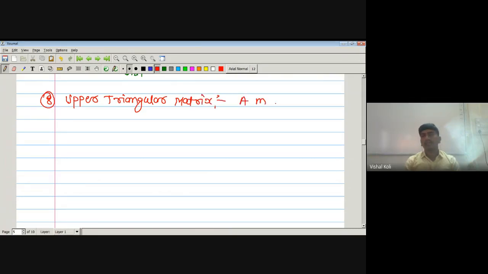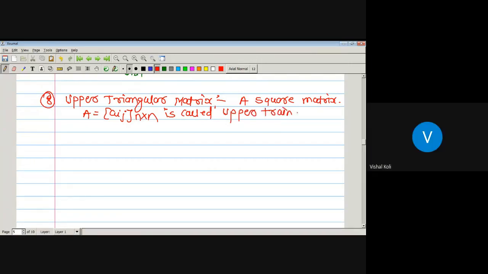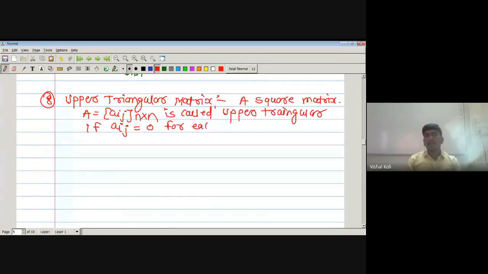A matrix or a square matrix capital A equal to aij of order n cross n, as it is a square matrix, then m is nothing but n. It's called upper triangular if aij will be equal to 0 for each i greater than j.